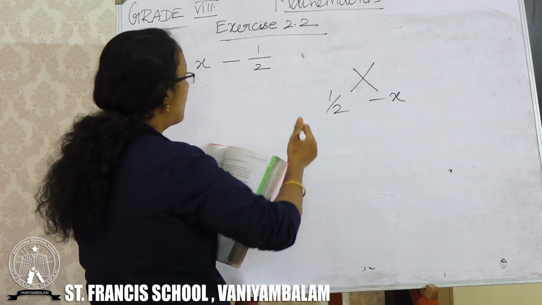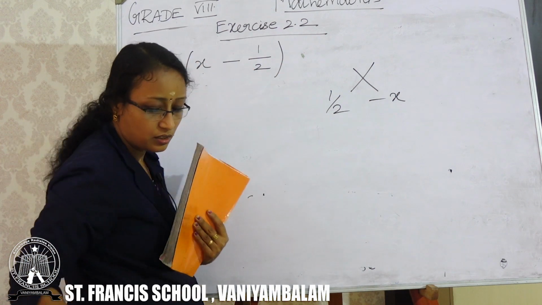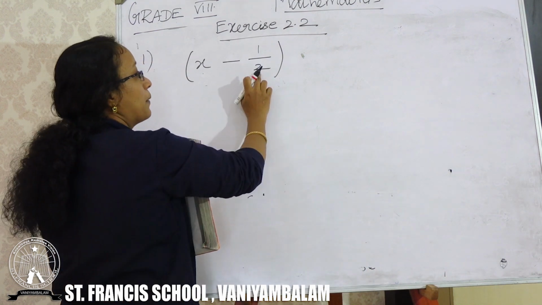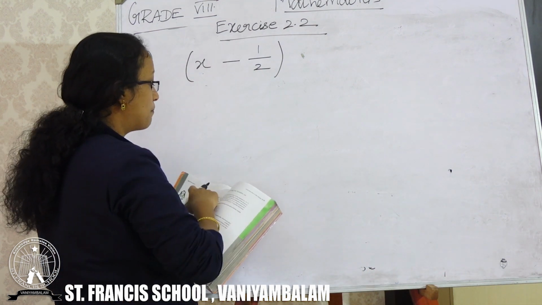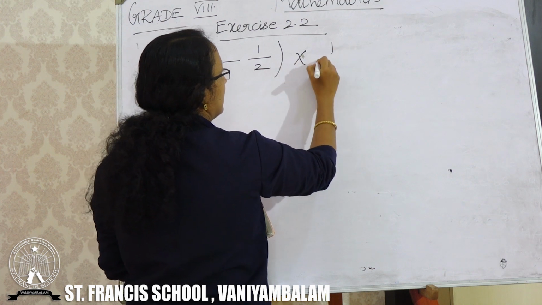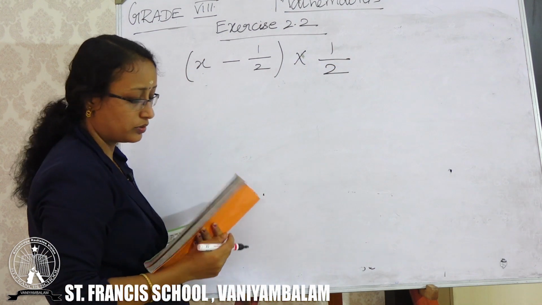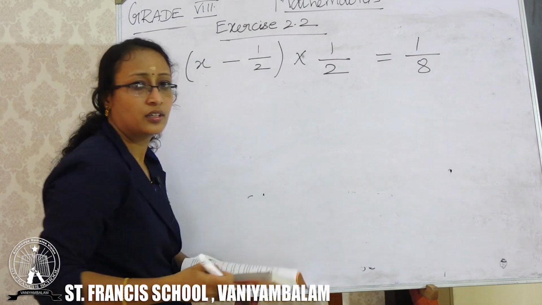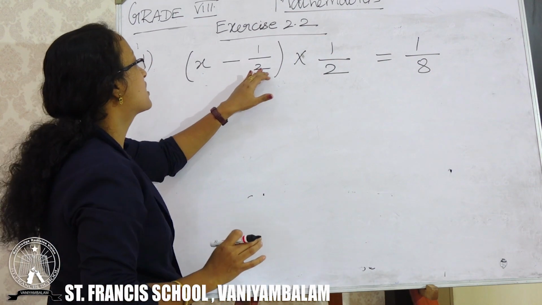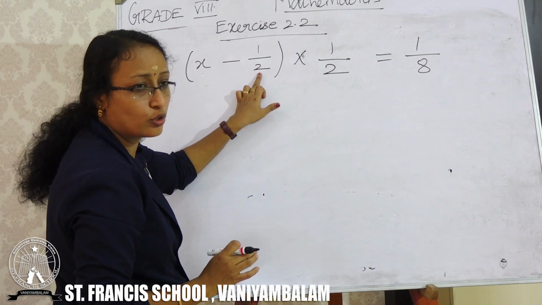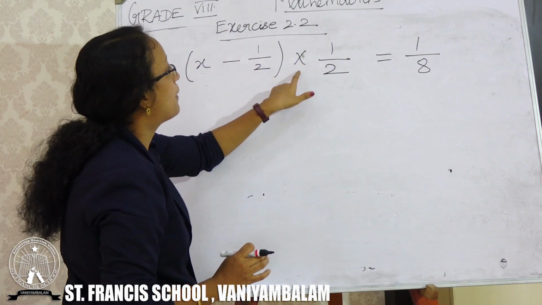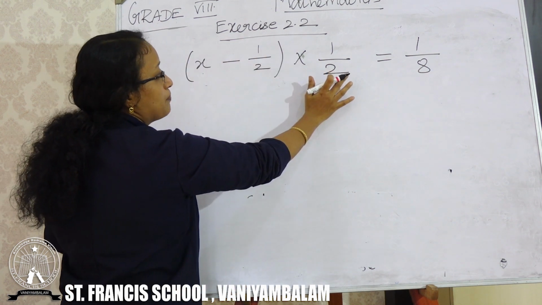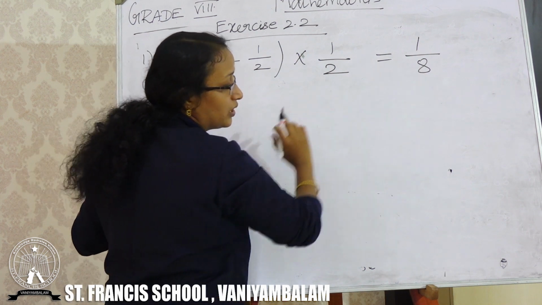And multiply the result. So this is not the equation. It is given subtracting 1 by 2 from the number and multiplying the result by 1 by 2, right? You get 1 by 8, right? That is, after solving this, multiply the result with 1 by 2, you will get 1 by 8.